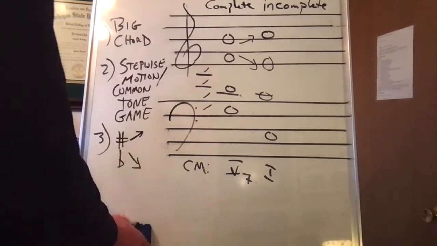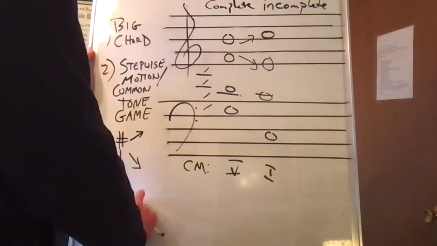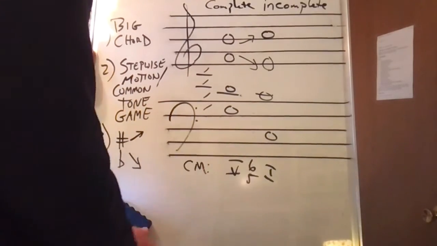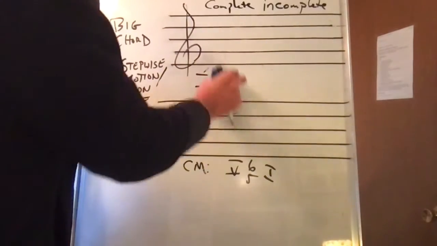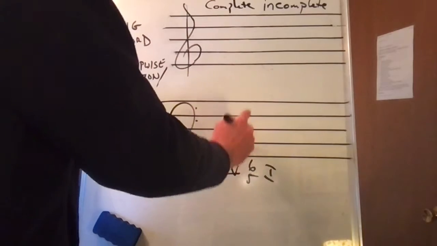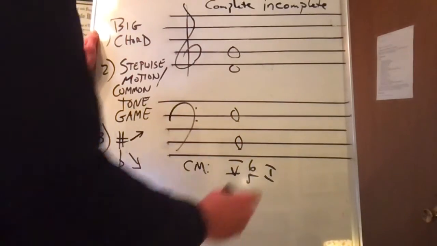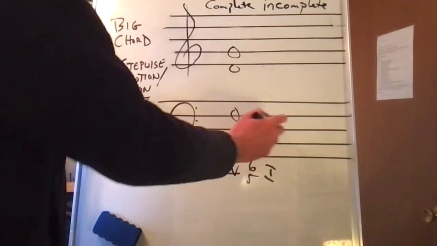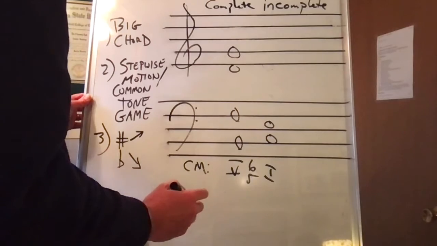Okay, let's try these in inversion now. And these are kind of fun once you get into the inversions because there's no leaping at all in any voice, and let me show you what I mean by that. So I'm going to do B, F, and D, and G. And my bass, again, is locked in, B to C. The chordal seventh is here now. That has to go down.